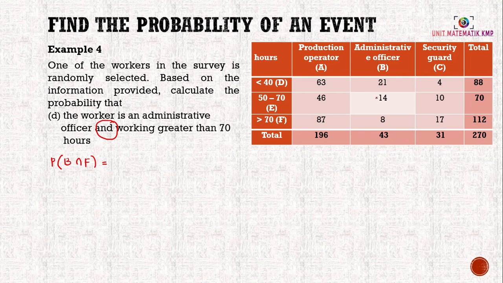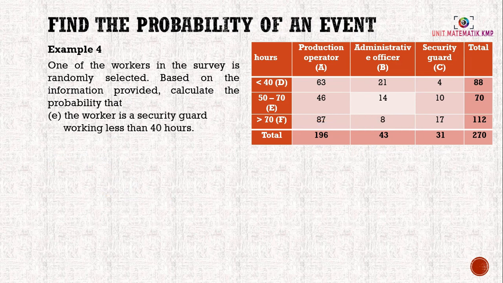So yang mana yang intercept dengan F? So this one dan juga F. So sini adalah dia punya intercept. Jadi awak akan dapat 8 per dengan 270. So simplify, awak akan dapat 4 per 135. Okay. So yang dekat tengah ni semua intersection.